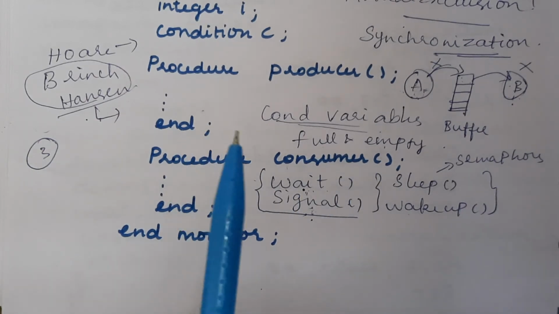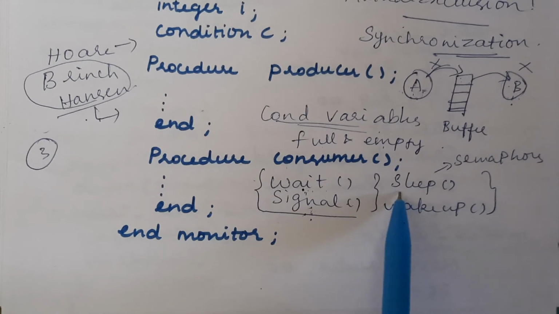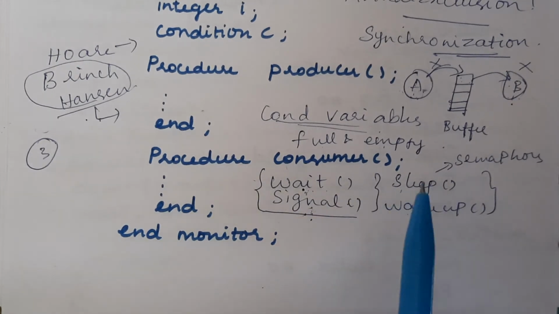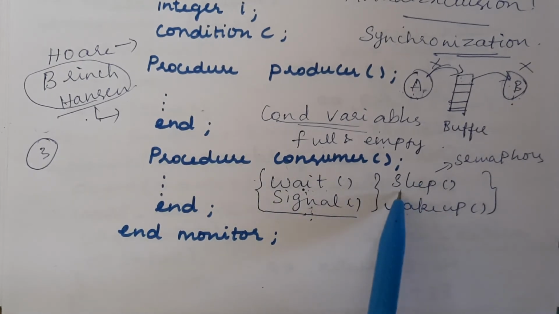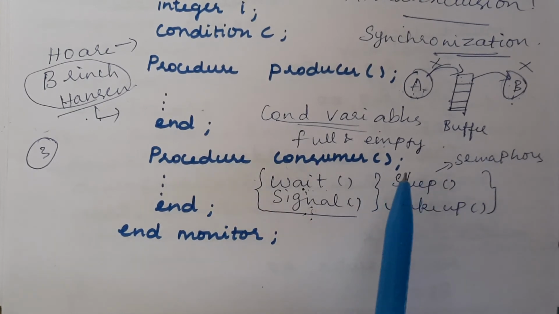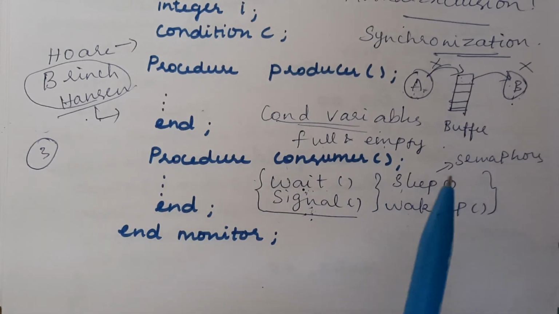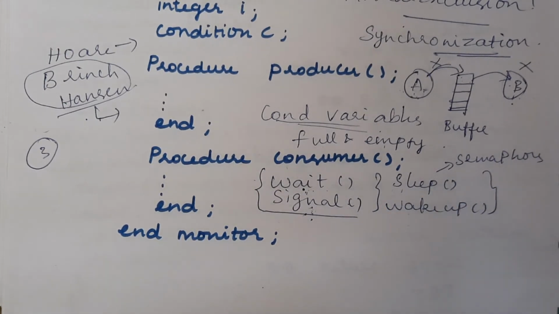There we may get a situation where the producer process first executes the sleep operation, and before completing its sleep, the other process sends the wake up signal. Then both processes will be blocked, both will go to sleep.